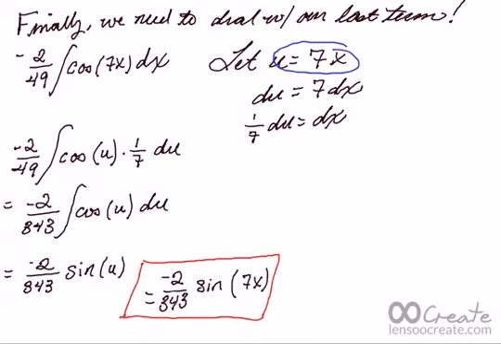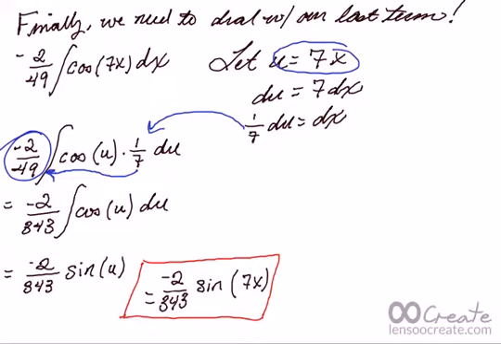So now I'm going to plug that in for my little dx term. I already have the constant outside, so I don't even have to worry about that, which is great. So I've got the cosine of u times 1 over 7 du. I'm going to bring my constant out and multiply it again. And then I end up with negative 2 over 343 times the integral cosine of u du.